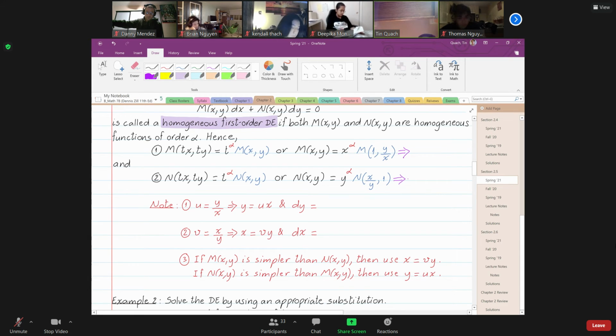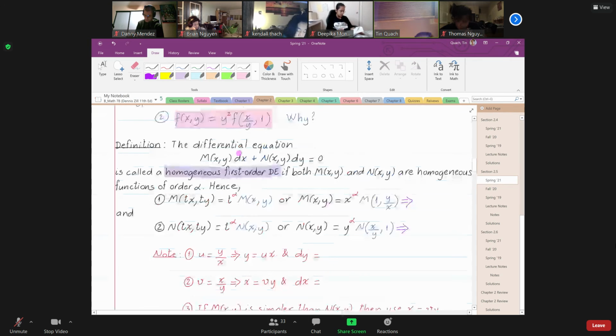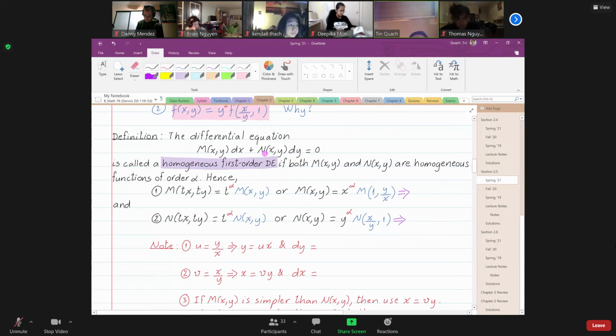So you might ask, why do we need to do this? Why can't we just use the stuff that we just learned in section 2.4 to solve this equation? You can't. Because in section 2.4, the way that we just learned only works when the equation is an exact equation.